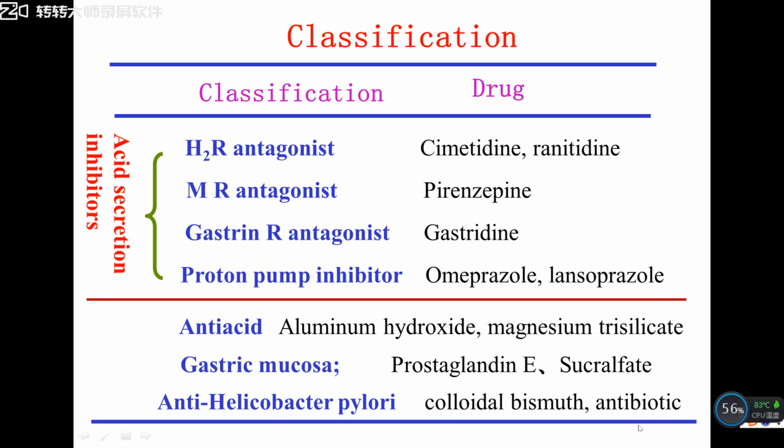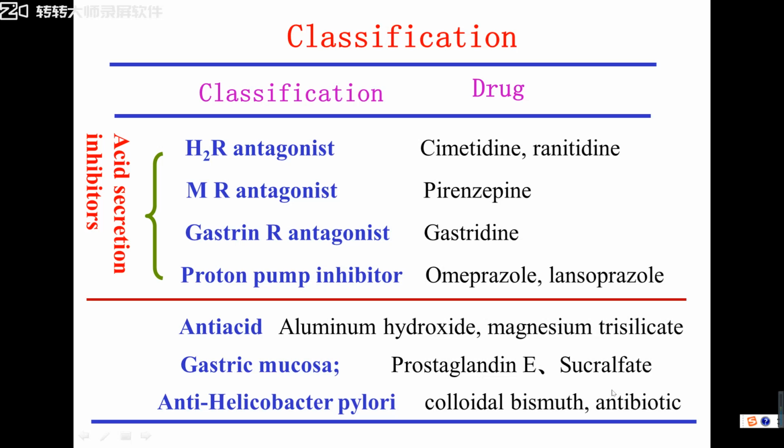We use antibiotics. So let's summarize how to treat a gastric ulcer. In clinic, we should use at least 2 drugs. One drug treats the ulcer, such as cimetidine or omeprazole or bismuth.